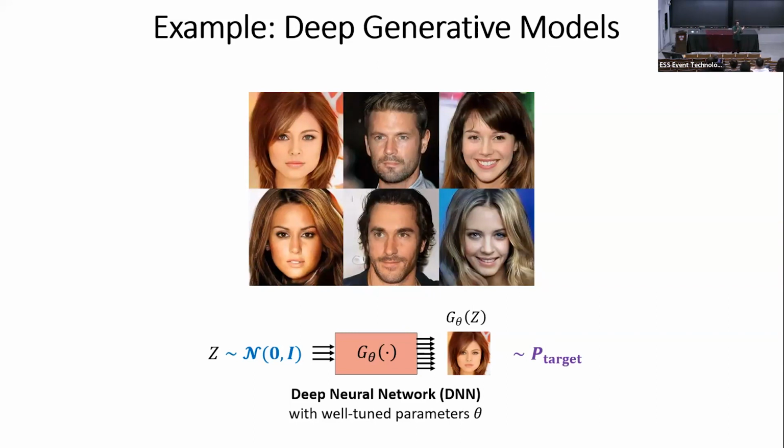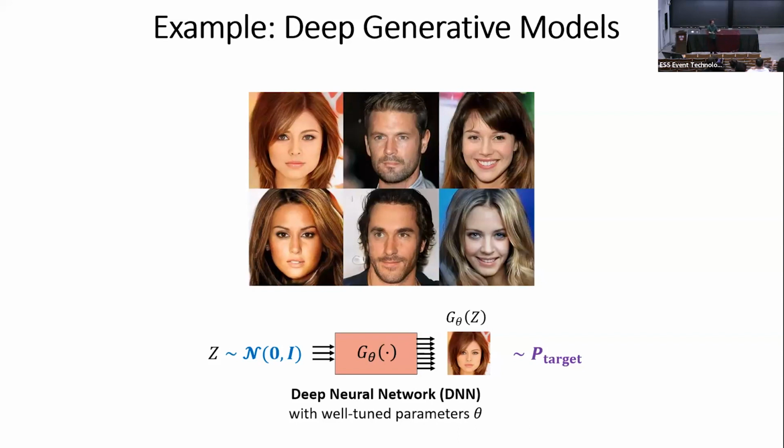So, in this case, the distribution that is being targeted is the distribution of celebrity faces. The distribution over celebrity faces does not have a nice parametric form. All we have is access to samples from that distribution. So we have a lot of celebrities, in Hollywood or wherever, so we can take a headshot of those guys.